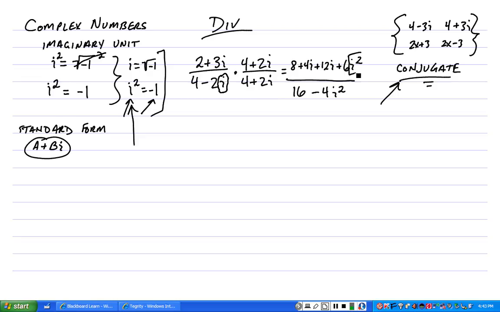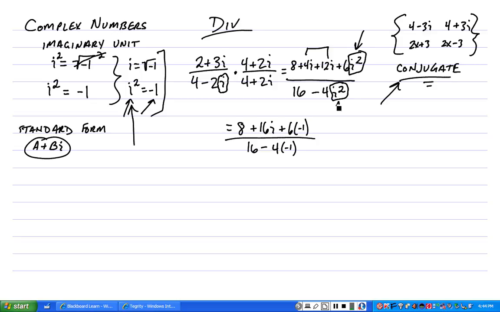We've talked about what it means to have i squared, so we deal with that. And up here, those are like terms. So now we have 8 plus 12i plus 4i is 16i plus 6 times a negative 1, because our i squared is a negative 1, over 16 minus 4 times a negative 1.